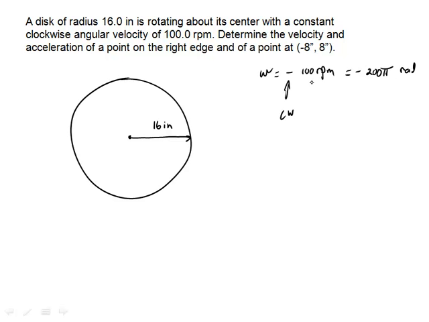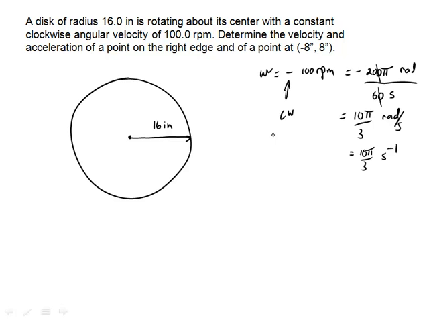And RPM is a rotation per minute. So 200 pi radians in 1 minute, but 1 minute is 60 seconds. And so this is going to be equal, the zeros cancel. This is going to be 10 pi over 3 radians per second, or 10 pi over 3 seconds to the minus 1. And that's constant.